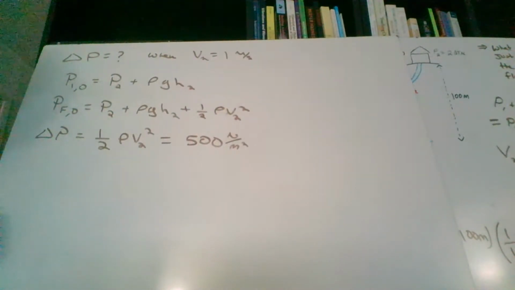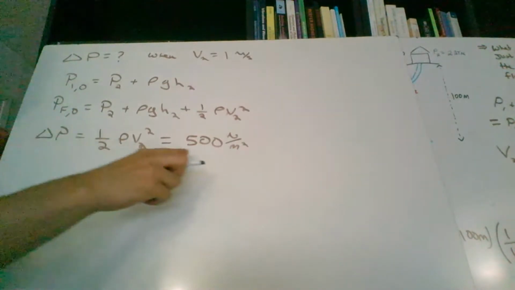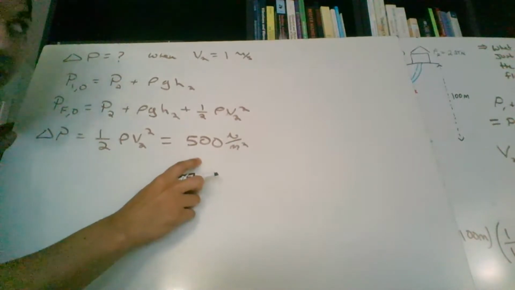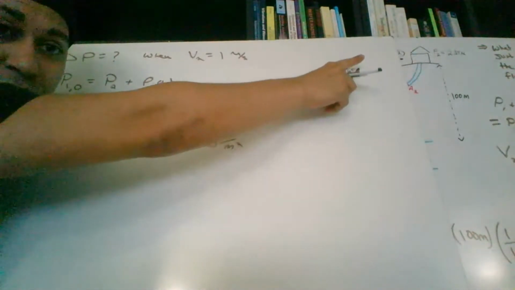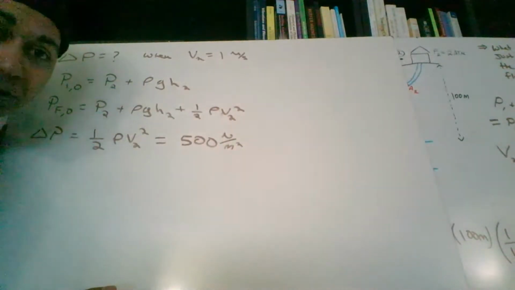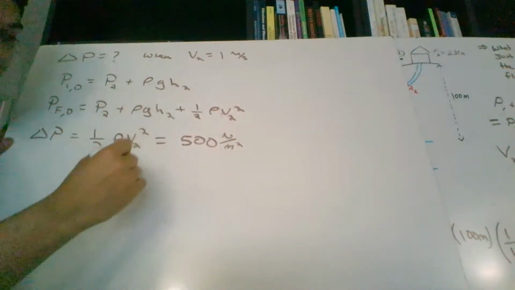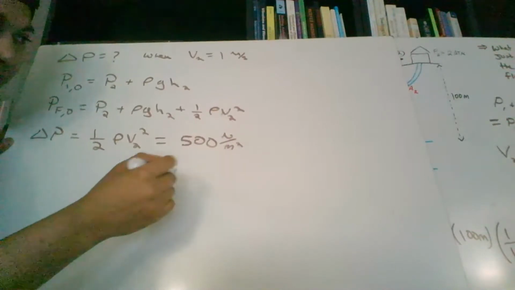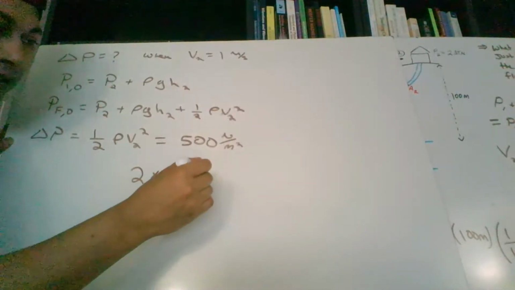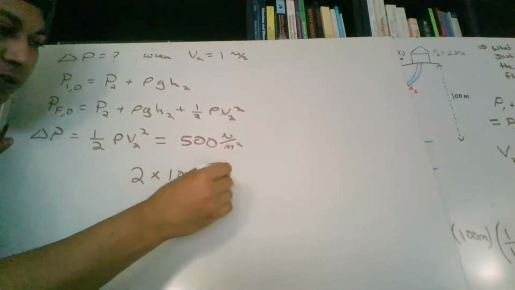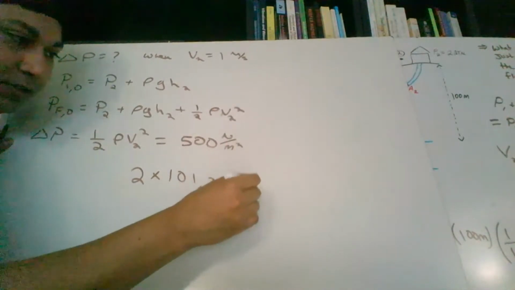And so if we compare that to what's actually happening, this is the change in pressure. This is how much we need to decrease by. But you have 2 atmospheres of pressure at the top. So 2 atmospheres of pressure is 2 times 101,300 Newton per meter squared.